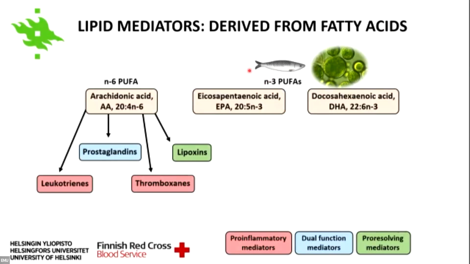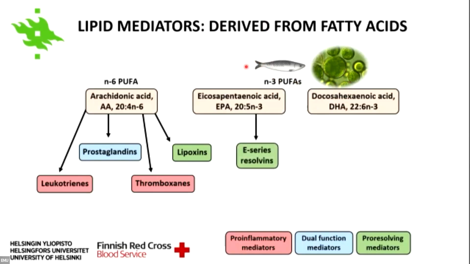And these N3 or omega-3 fatty acids, you have most likely heard the hype about these pills. Well, you should get them from the diet, from fish or marine algae, where they are actually originally produced.